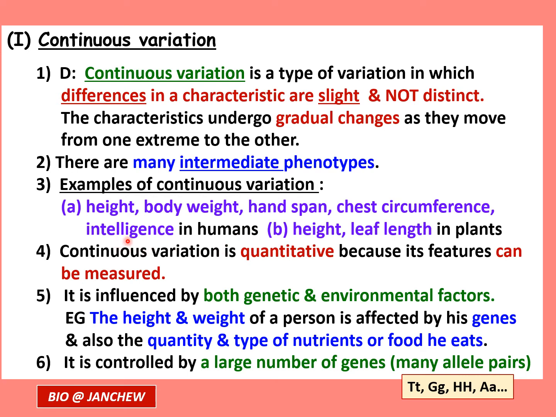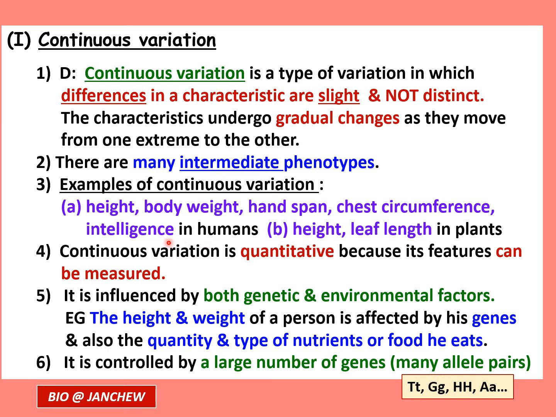Let's look at intelligence. A person's intelligence can be measured by taking an intelligence test, such as the Mensa test. From that, a score is obtained. If we plot the number of individuals against the range of scores, just like for height, we will most probably get a bell-shaped graph.